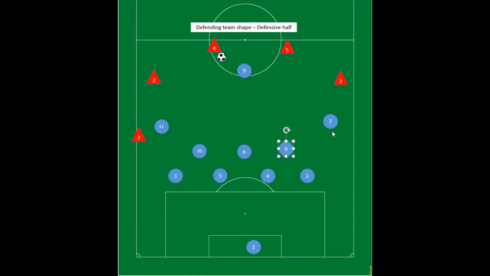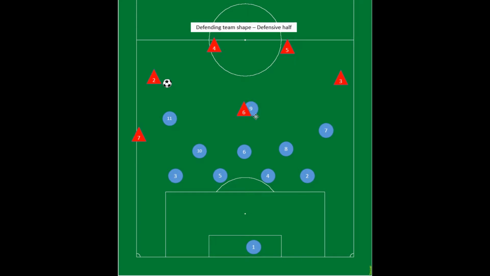This is what it looks like. The idea is that we want to keep the ball to the outside. They will be trying to play into players on the inside to get the ball down and through potentially.